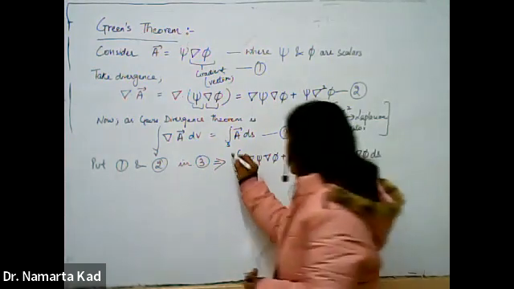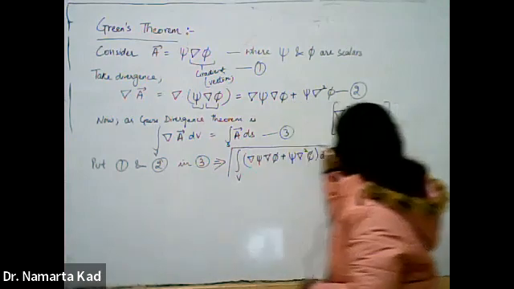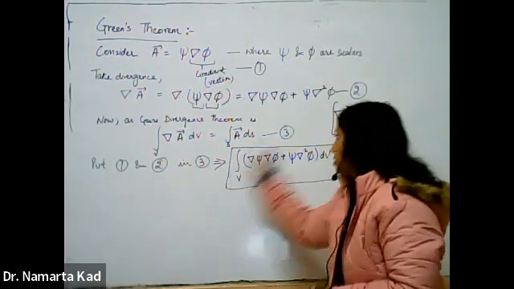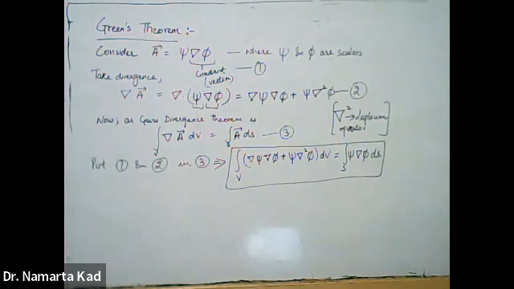This is the final result, and it is called the first form of Green's theorem.